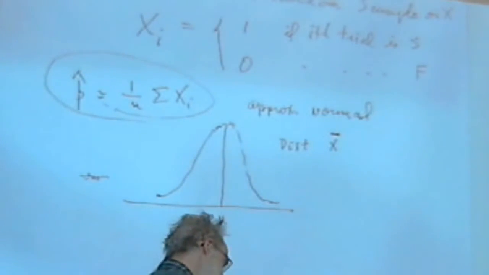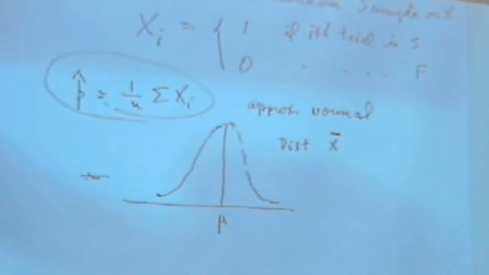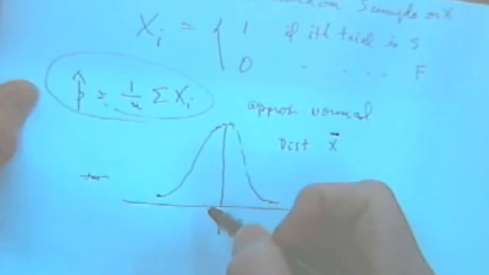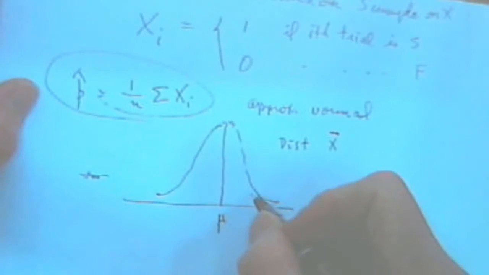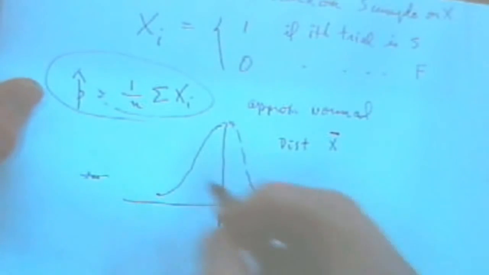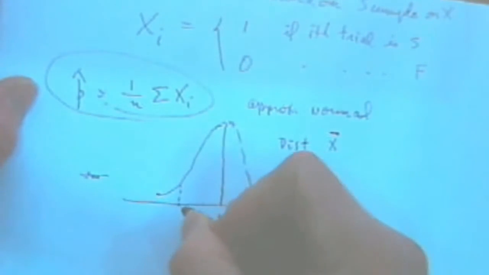You start with a percentage, where you have the answer. I can give you bounds down here where the probability is 95%.